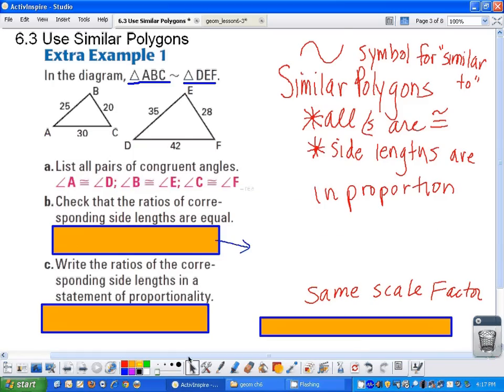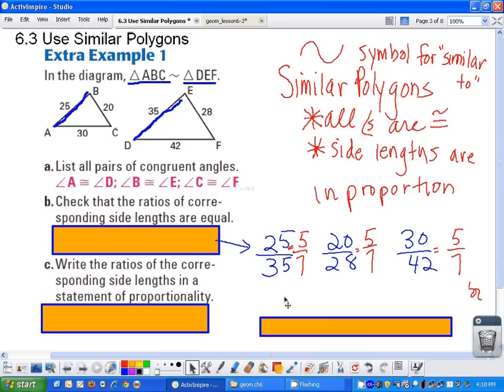It also is asking us to check that the ratios of corresponding side lengths are equal. Okay? So what we have to do first is write ratios of the corresponding side lengths. So I would start with side AB, and that corresponds to this side DE here. So I would write that 25 is to 35, as BC is to EF.